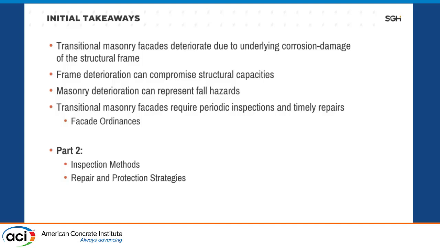The masonry deterioration, which results from the deterioration of the structural frame, can cause fall hazards. And then traditional masonry facades require periodic inspections and timely repairs, and that's why some cities have a facade ordinance.